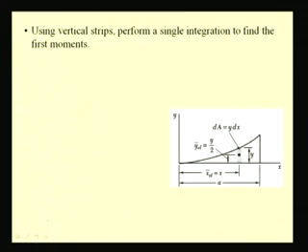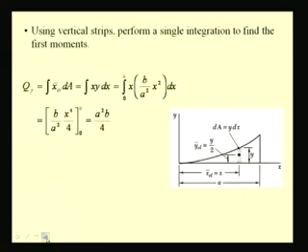Now, in order to find these first moments, we consider this element which has the location of the centroid as y element, which is y by 2, and x element, which is nothing but x itself. So, Qy, which defines the first moment of this element, and the sum of all these first moments is the first moment of this area with respect to the y axis, and it is found as a square b by 4.